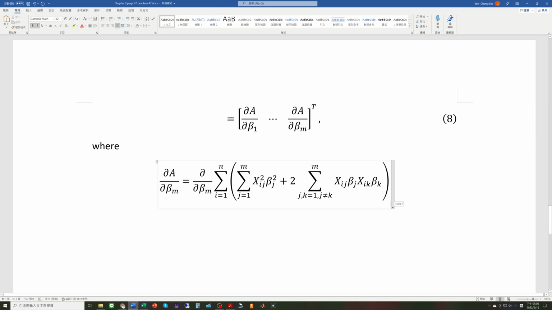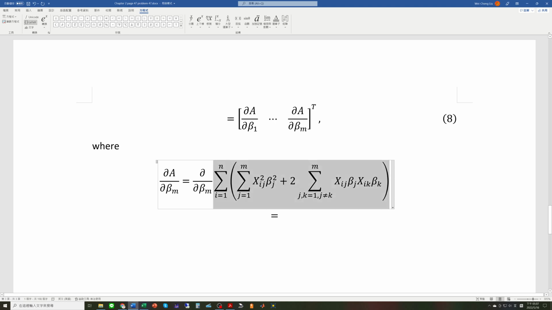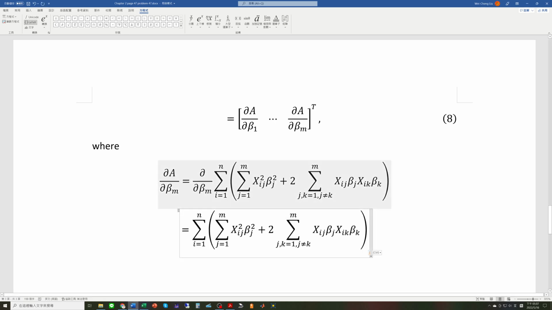Because the partial derivative is a linear operator, we can interchange the order of partial over partial beta M and the summation. So we can move partial over partial beta M here.